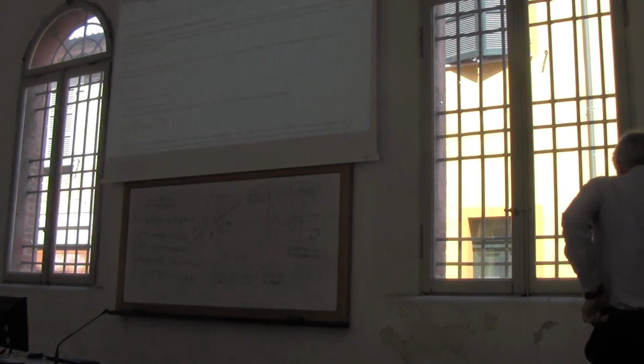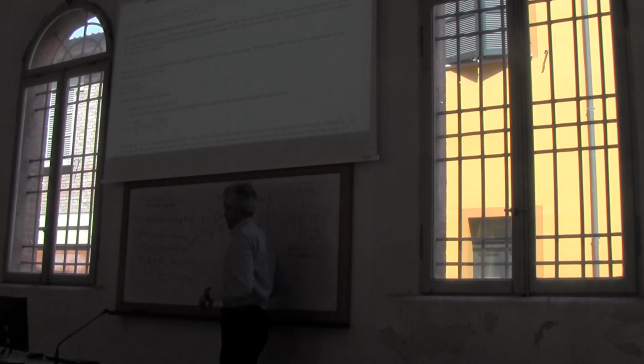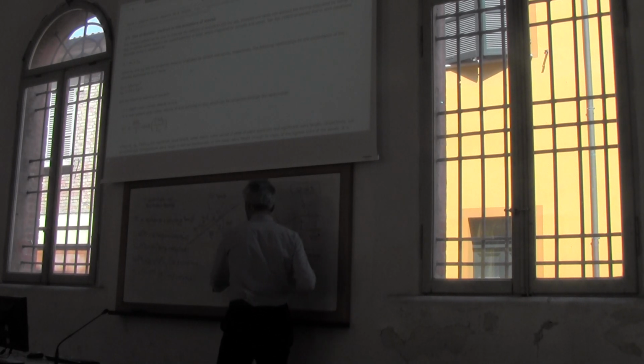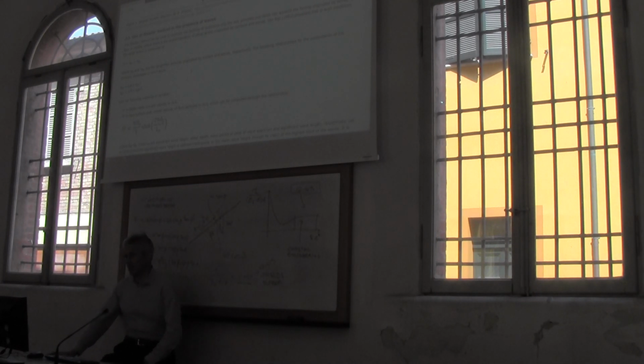So, as I mentioned to you, we need to introduce some empirical corrections to the criteria that we just developed here in order to take into account some specificities of our situation.